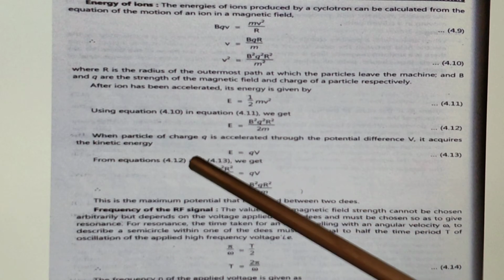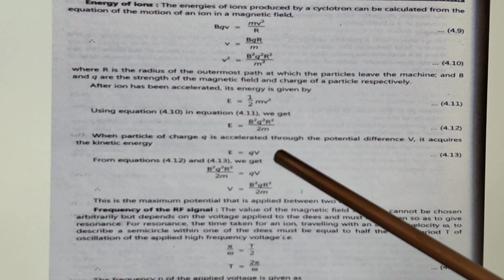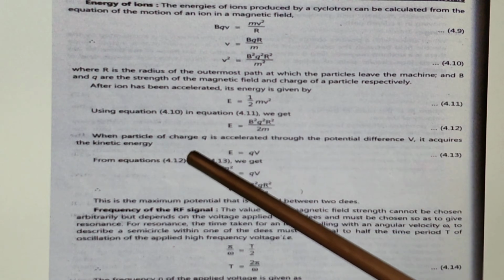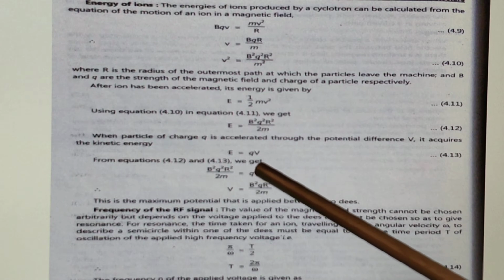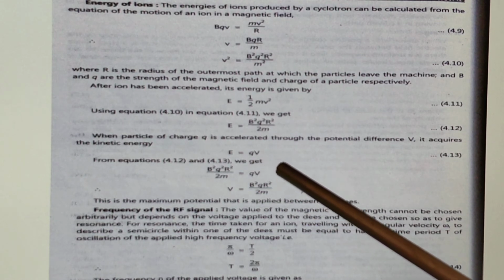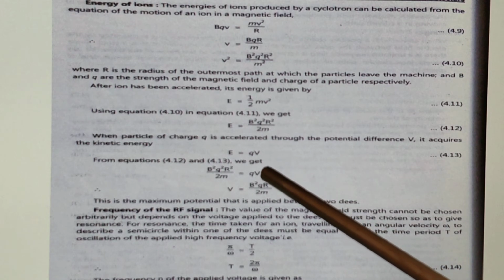When a particle of charge Q is accelerated through the potential difference V, it acquires kinetic energy. So kinetic energy due to the electric field is E equal to Q into V. It is nothing but the product of the potential and charge.